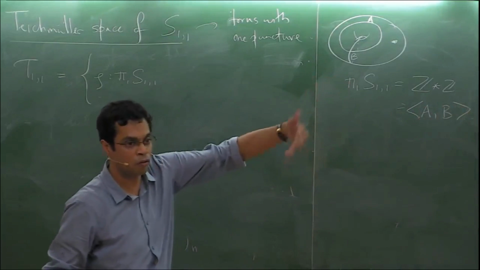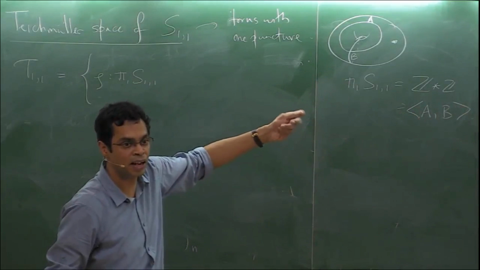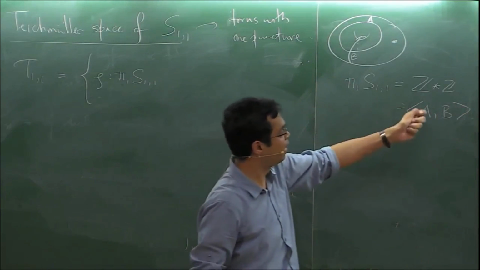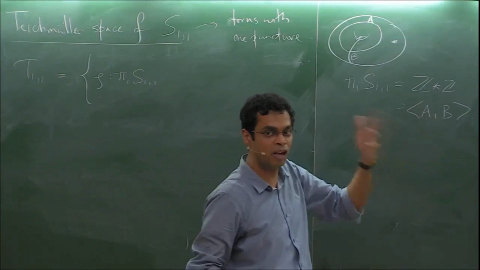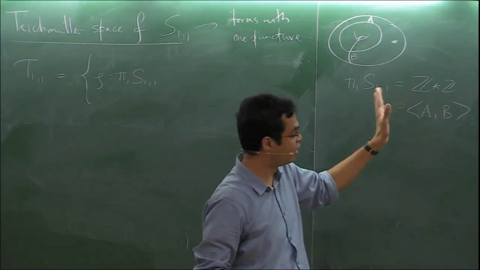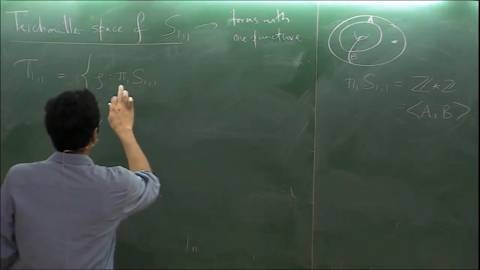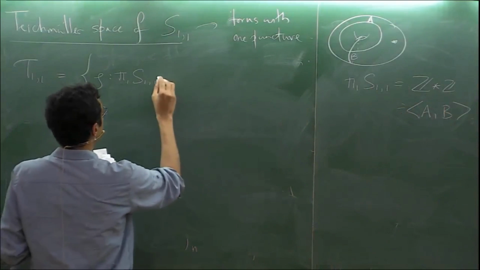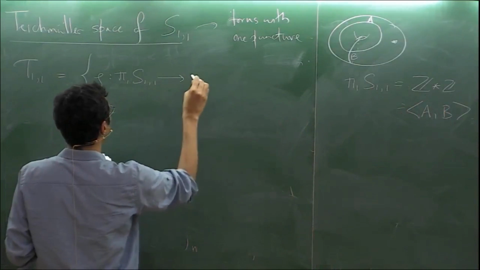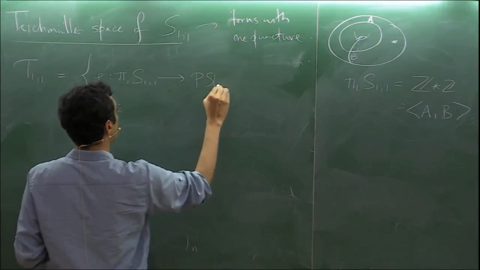When we constructed a Fuchsian group, it was generated by 2 transformations that generated a free group. That was actually the fundamental group of the quotient. So this is what this group is, and we want homomorphisms from this to PSL2R.